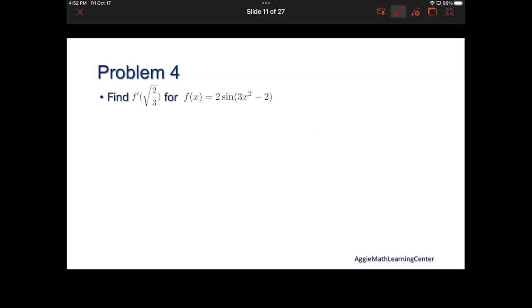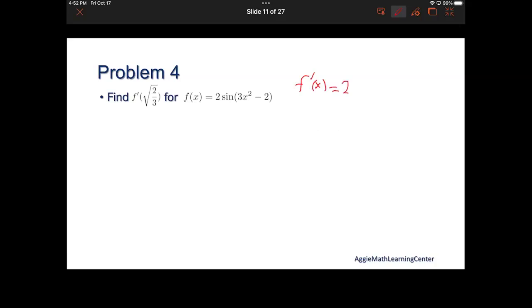Okay, so we have f of x is equal to 2 sine of 3x squared minus 2. Let's just take the derivative. So f prime of x is equal to 2, which we can just throw out front because it's a constant multiplying the function.